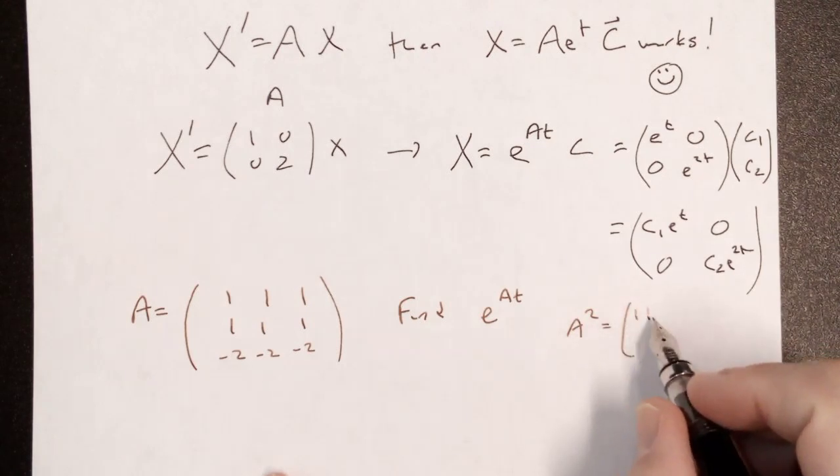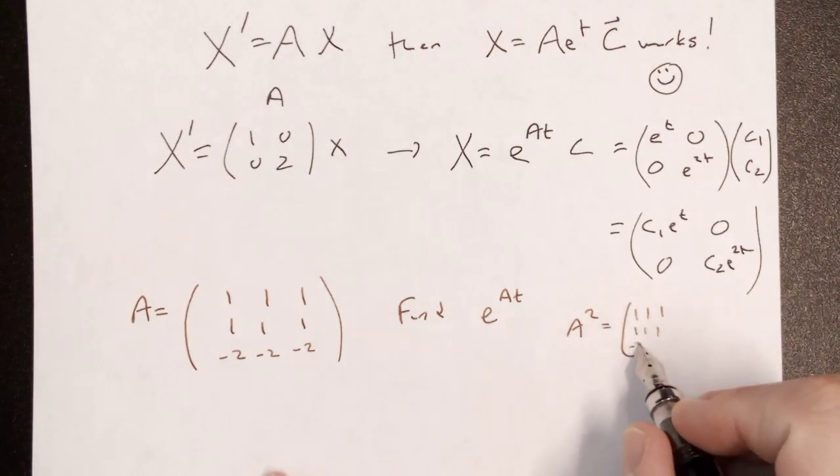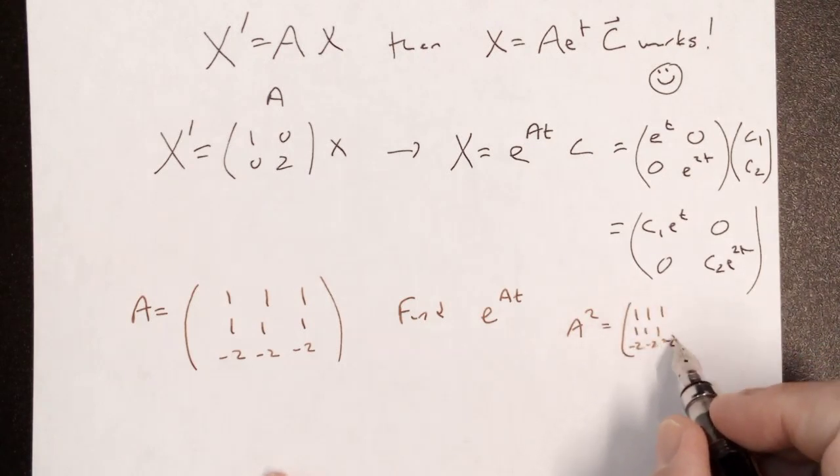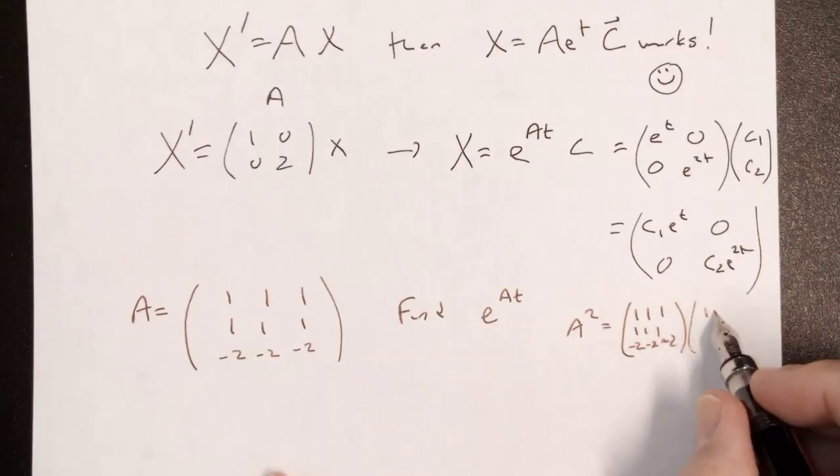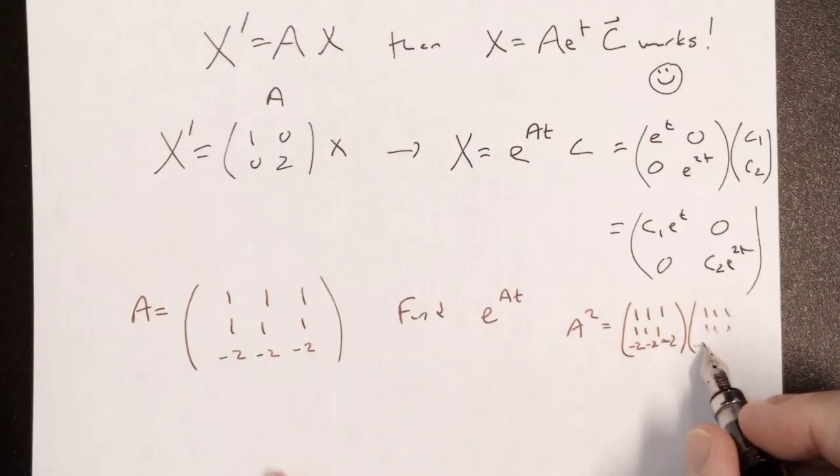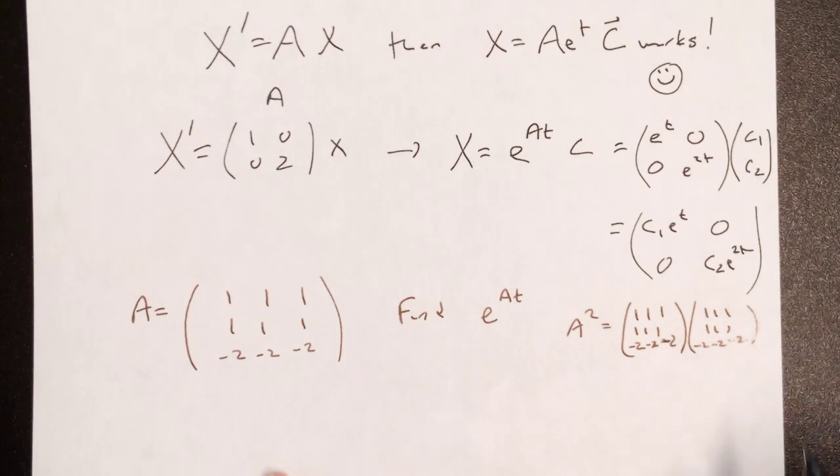I got to do 1, 1, 1, 1, 1, 1, negative 2, negative 2, negative 2 times 1, 1, 1, 1, 1, 1, negative 2, negative 2, negative 2.